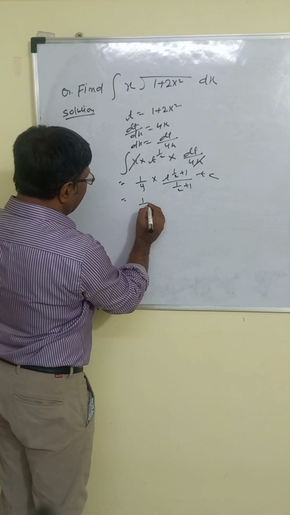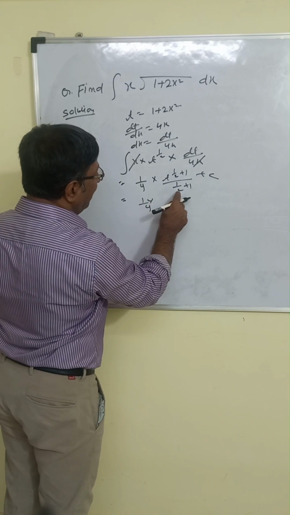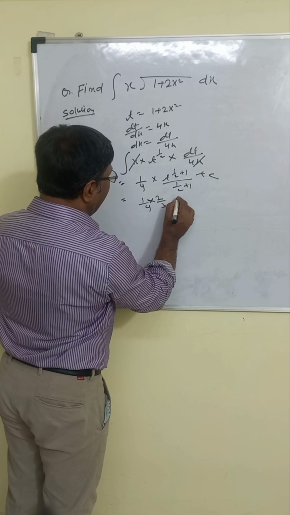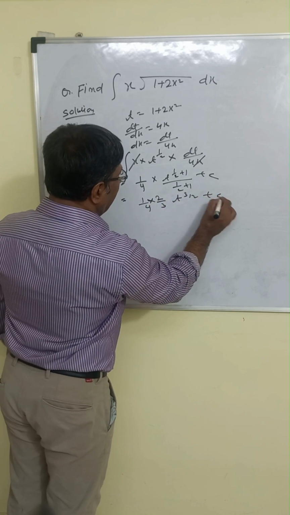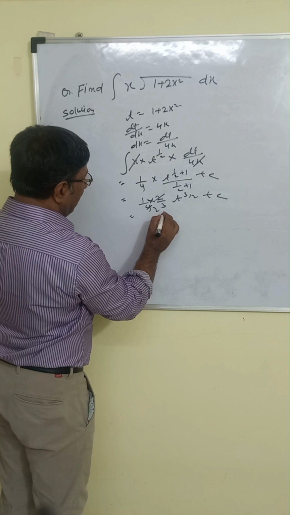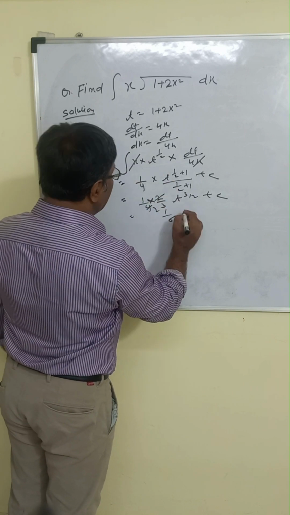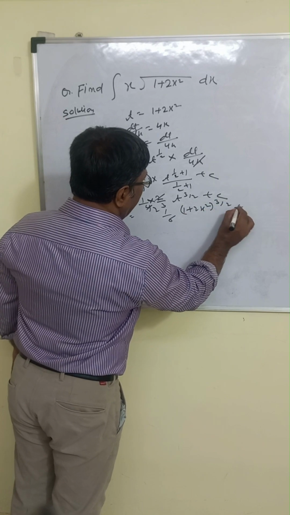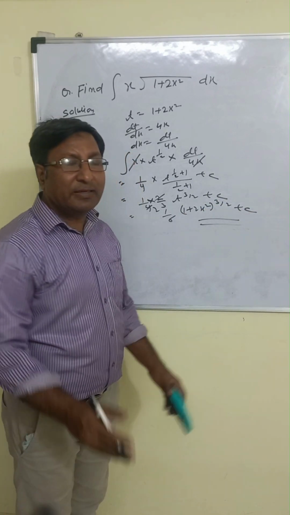So this is half, and half plus 1 is 3 by 2. So this becomes 2 by 3 and t to the power 3 by 2, plus c. So 2 into 2 is 4, and this is 1 by 6, and t is 1 plus 2x squared, power 3 by 2, plus c. This is our correct answer.